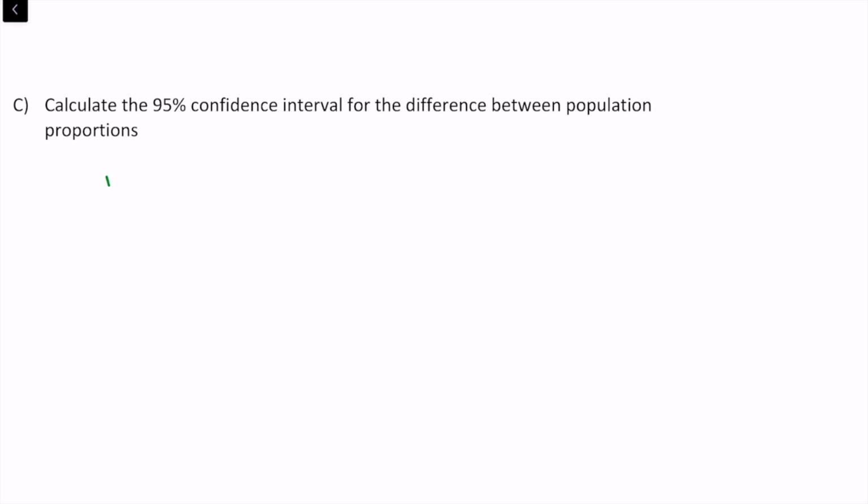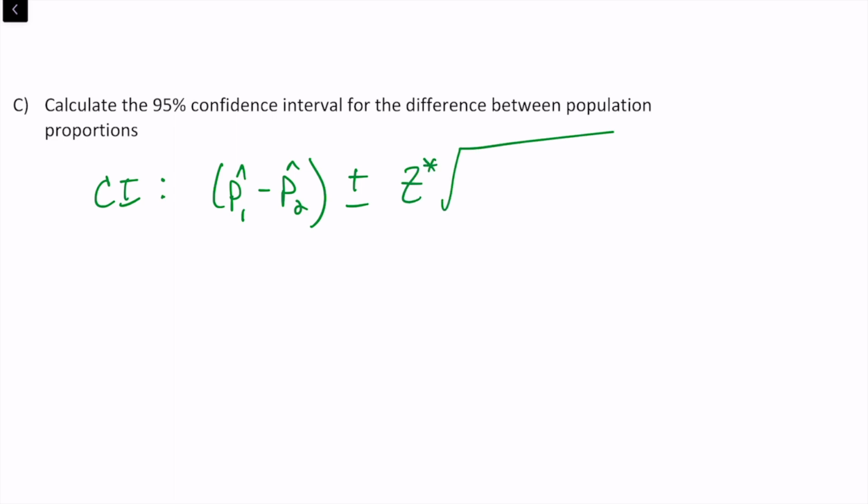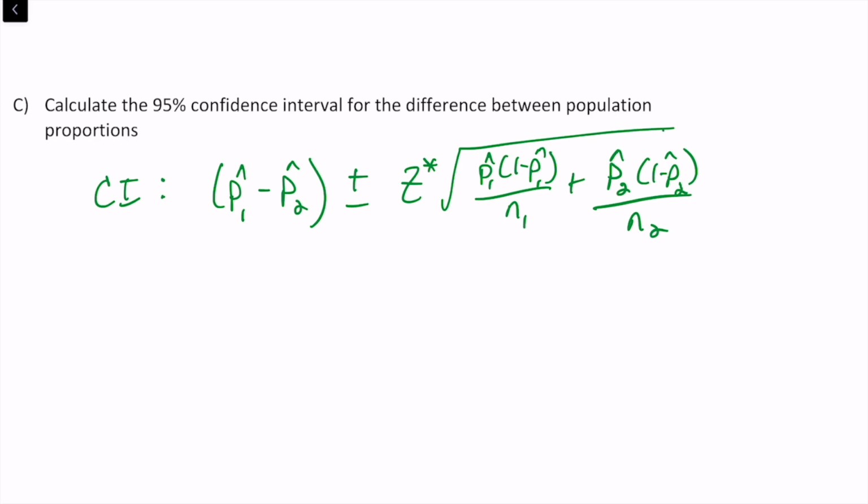The two proportion Z interval is P1 hat minus P2 hat, plus or minus that margin of error, which is Z star times the square root of, and we've already got the standard error, but I'll go ahead and fill it in: P2 hat times 1 minus P2 hat over N2. All right, that's our formula.